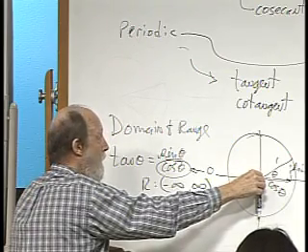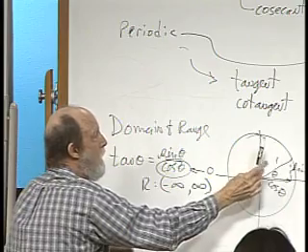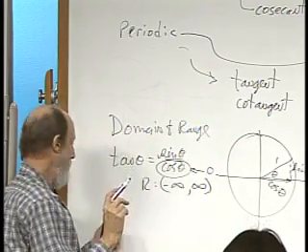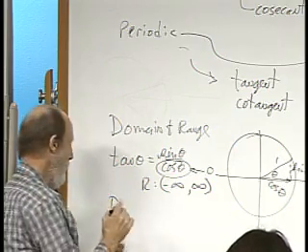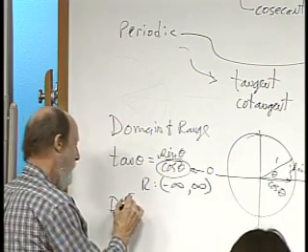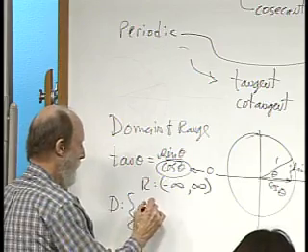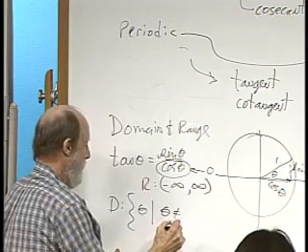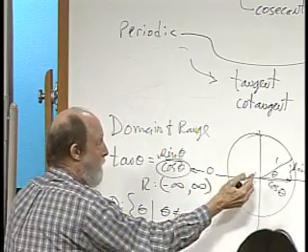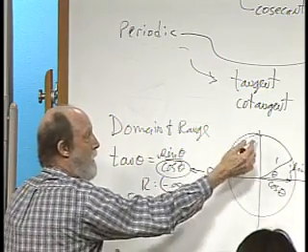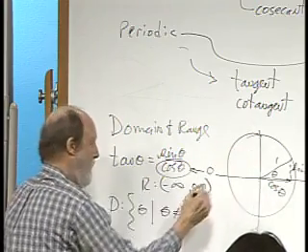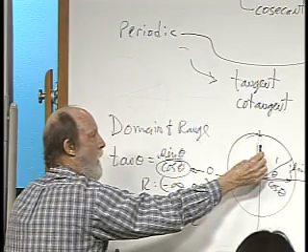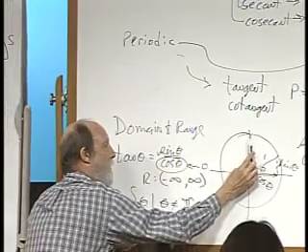Okay? So you can't write the domain down real simply. What you could do is you could say the domain is the set of all theta such that theta is not equal to, you have to get on one of the spots where you have trouble, like pi over 2. And then once you're on pi over 2, the trouble spot's going to occur periodically.